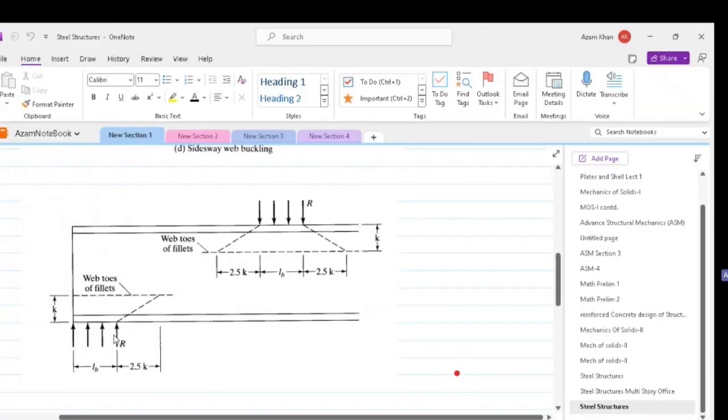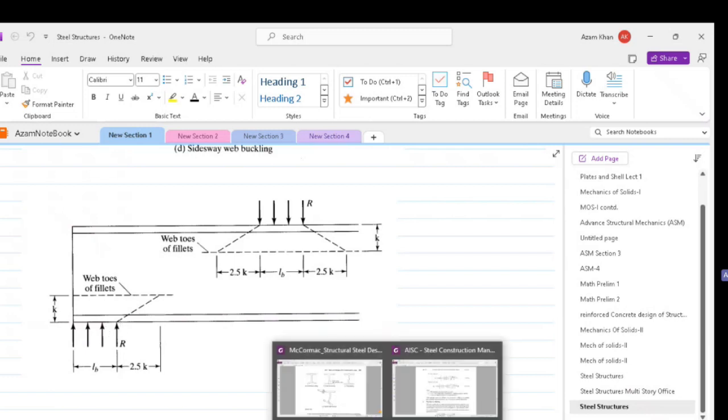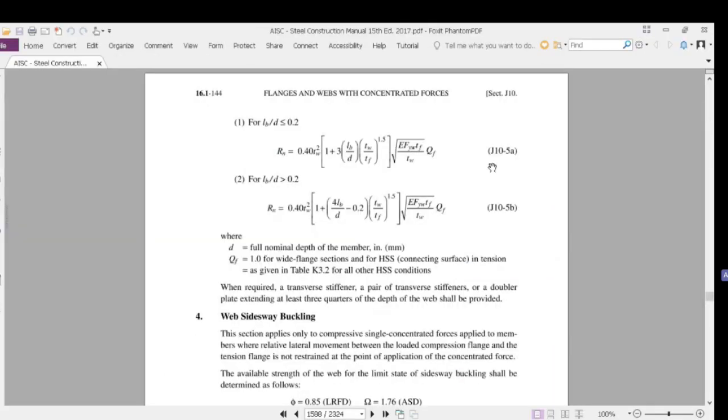So in this figure, as we can see, the concentrated load is very close to the end. So in such cases, we can use the expression J10-5A and J10-5B. Now these two expressions depend on the ratio of the bearing length and the overall depth of the member.